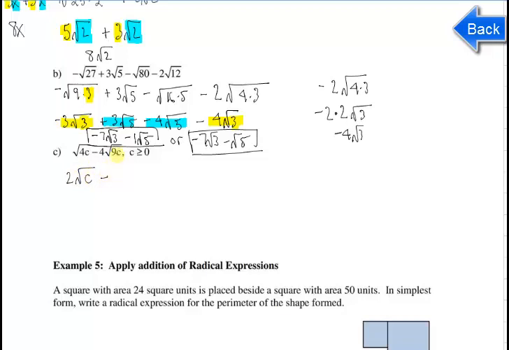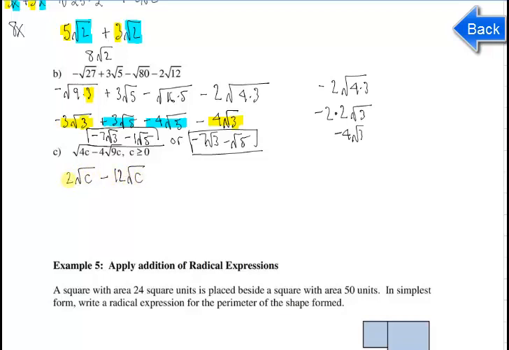Minus. Okay, so listen carefully. The square root of 9 is 3. We're going to take the 3 and times it by the 4, and 3 times 4 is 12. You cannot take the square root of c, so we leave that inside the radical. Do we have like radicals? Yes, we do. We have indexes of 2 on both of them, and our radicand is a c on both of them.